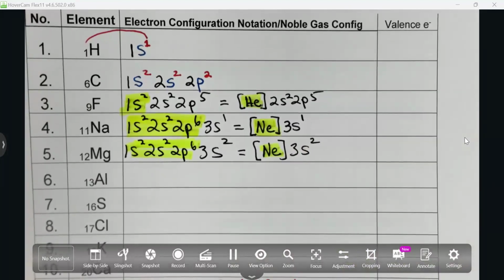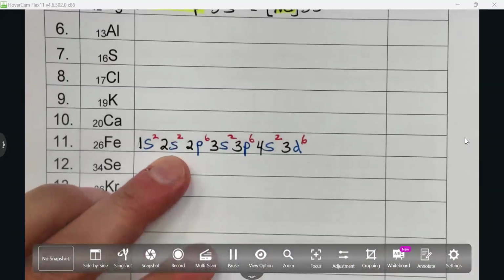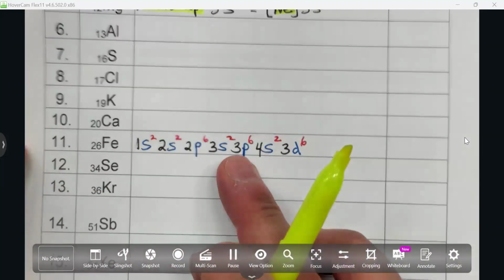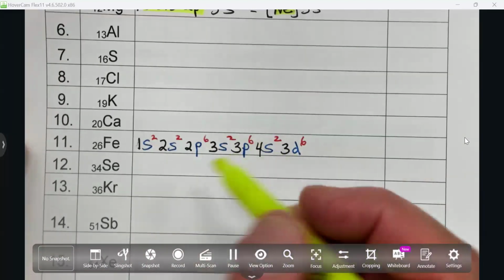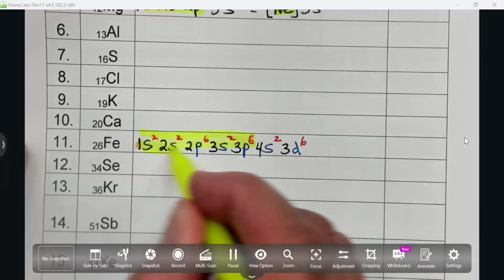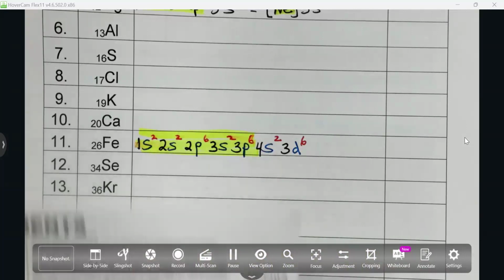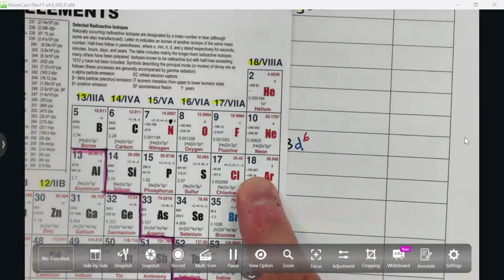If we did iron down here, the next one, my noble gas is up to 3p6. If I go to 3p6, I have the noble gas, argon, right?